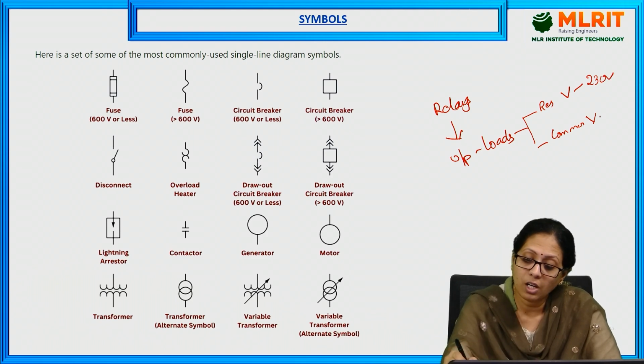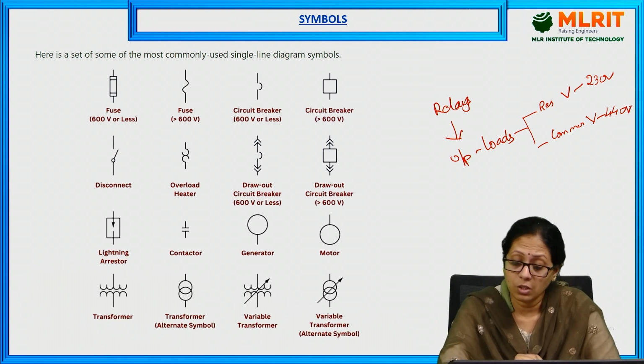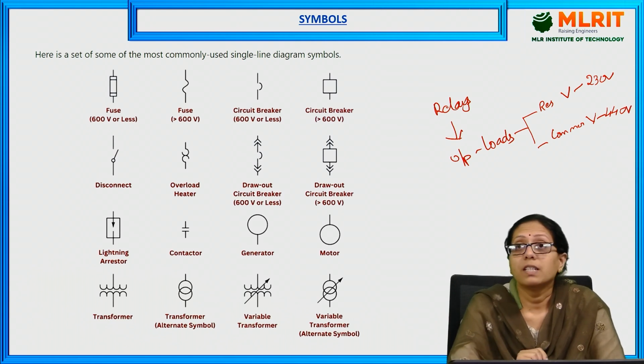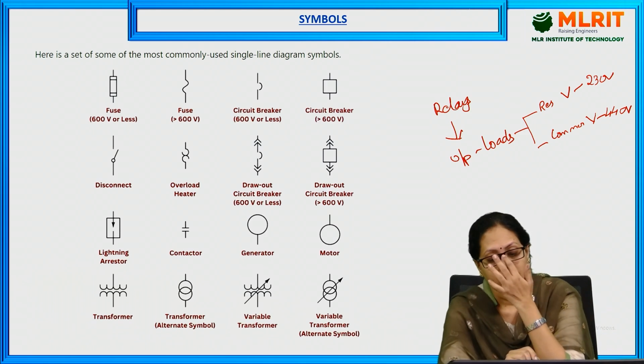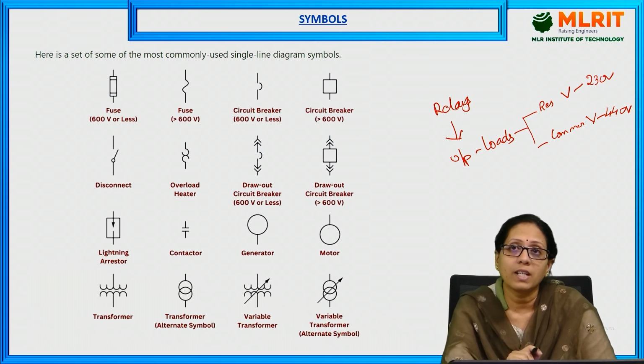For commercial loads, we need a minimum of 440 volts. So all these things, the input and the different components which we use in the single line diagram, should take all these criteria into consideration, like different loads.